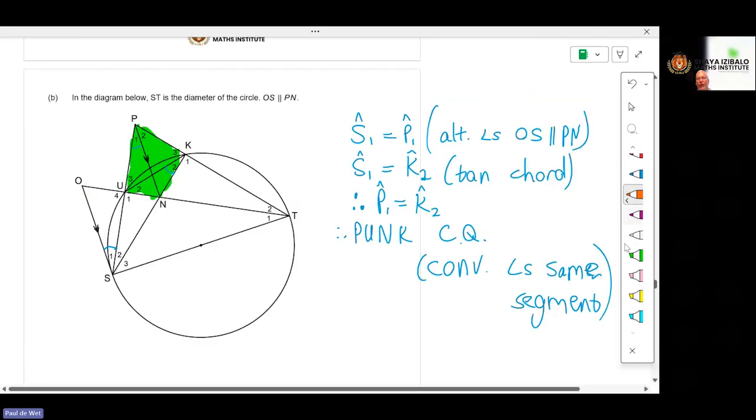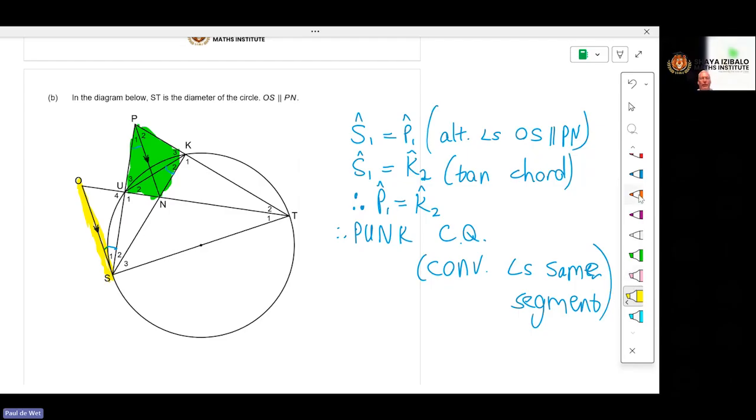And notice, guys, SO looks like a tangent, but the question didn't tell us it's a tangent. How do we prove something is a tangent? Which theorem are we going to use to prove a tangent? How do we prove we've got a tangent? Well done, converse of the tan chord theorem.